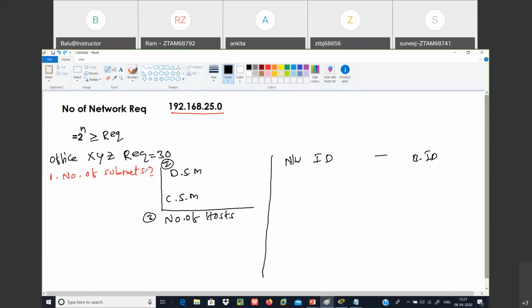Second question: what will be the customized subnet mask? 255.255.255 dot 240 or 248?